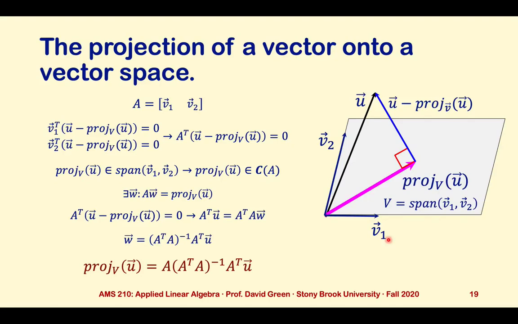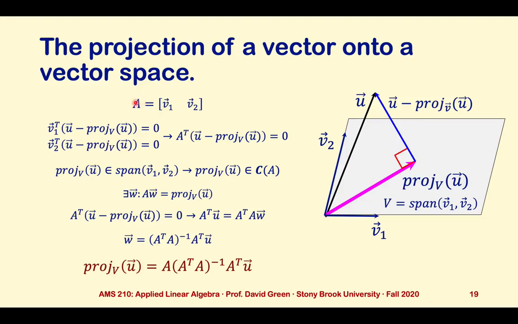Remember that when we talk about vector spaces, one of the ways we can describe them is with a basis, a set of linearly independent vectors that span the space. So if V is the span of these two linearly independent basis vectors, let me place these vectors as the columns of a matrix A.